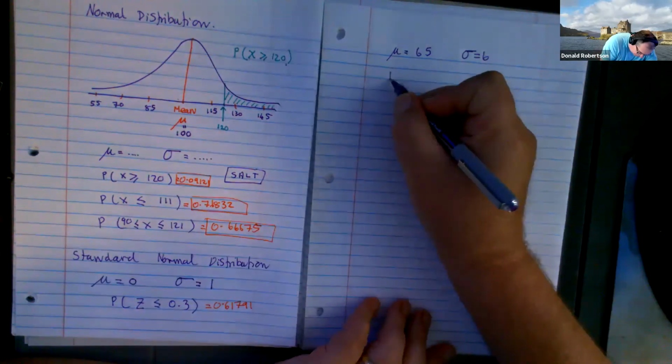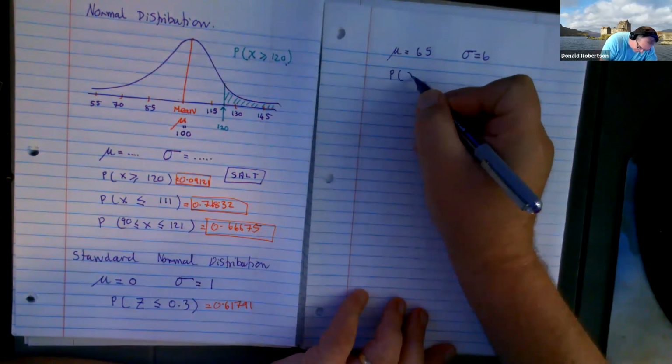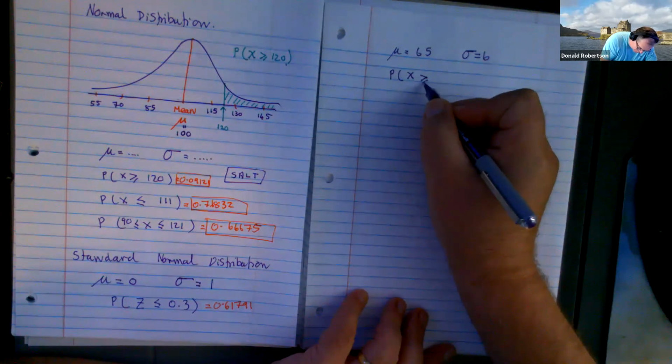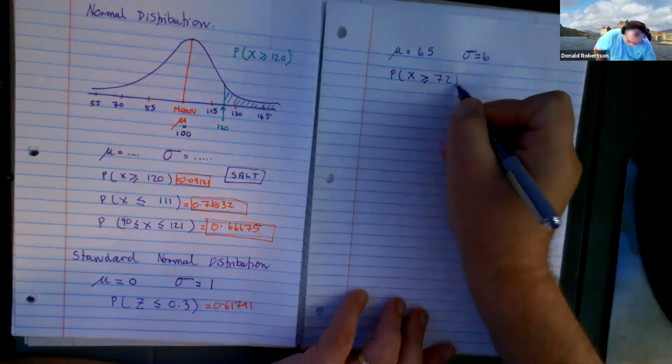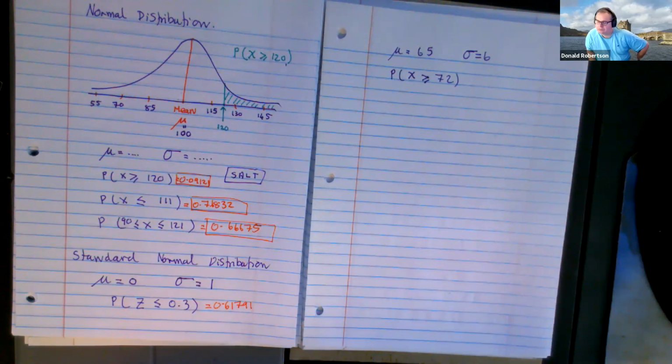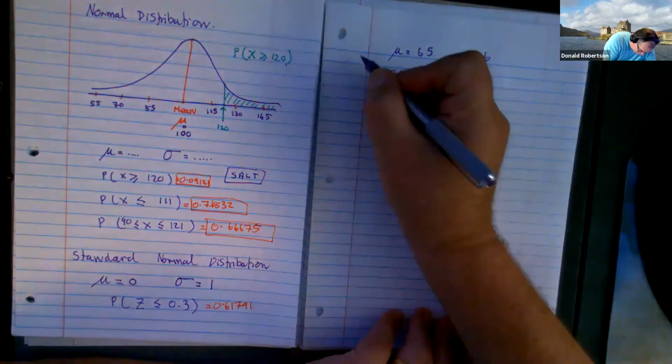And I would like to know what's the probability that you get a normal person and they are greater than or equal to 72 inches. In other words, what's the chances that you pick a Scottish adult and they're bigger than 6 foot tall? Are we cool on that? And that's going to be question 1.